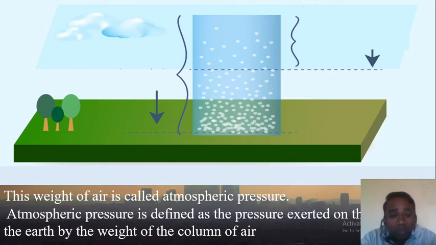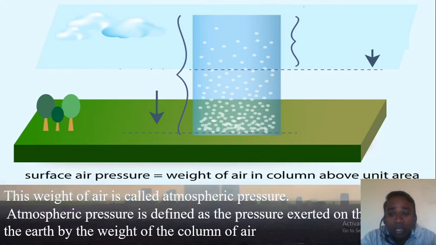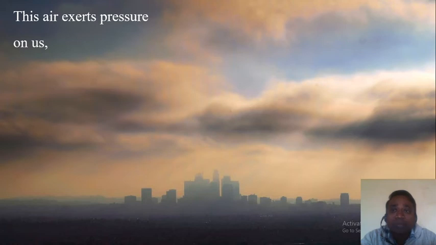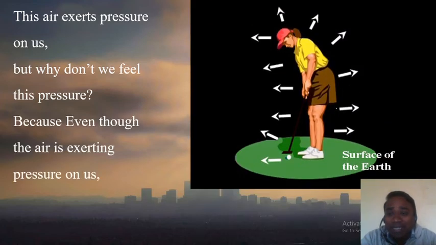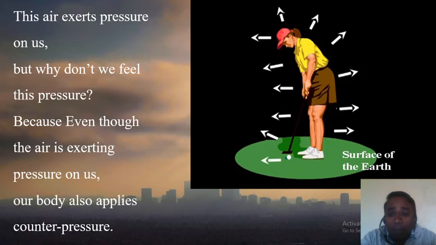In this case, the force is the weight of air, so the weight of the air column in a unit area is our surface air pressure. Thus, the air exerts pressure on us. Then why don't we feel this pressure? Because even though the air is exerting pressure on us, our body also applies counter pressure. That's why we don't feel the pressure of air.